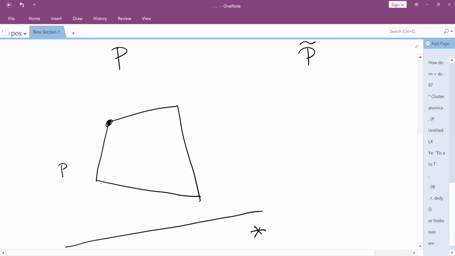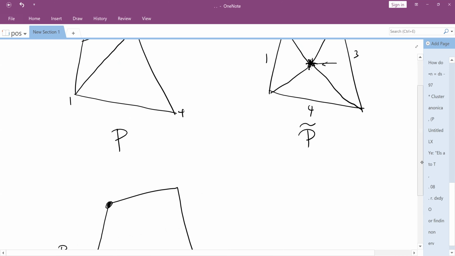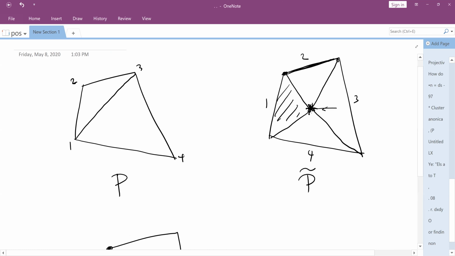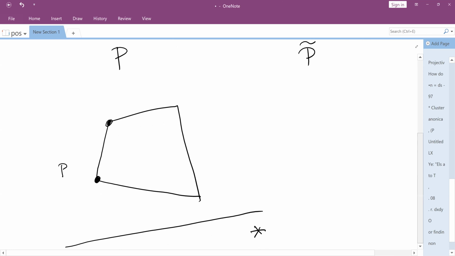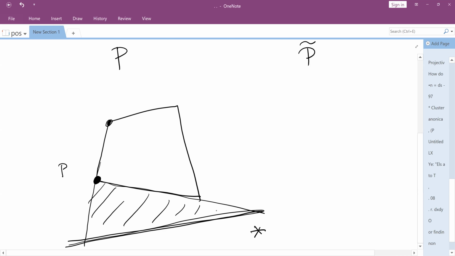Let's say I take this one. This triangle is now going to be a triangle that has to do with this vertex and this line. So that's obviously this triangle. And so you see that there's a funny way of triangulating this quadrilateral just by using its vertices.